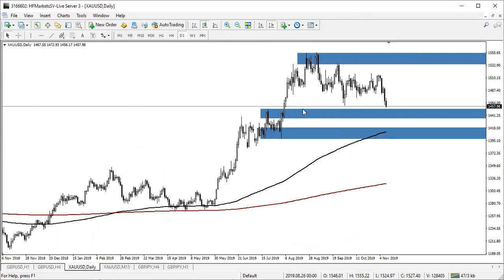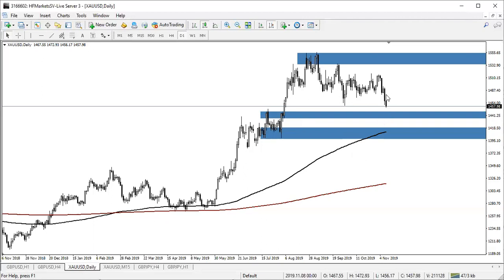So on the daily, you can see where our zones are. We can further fine-tune this zone on the daily to where the buyers are, which is the exact demand zone as per our strategy on the daily time frame.